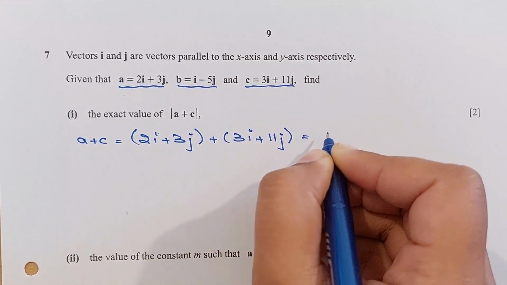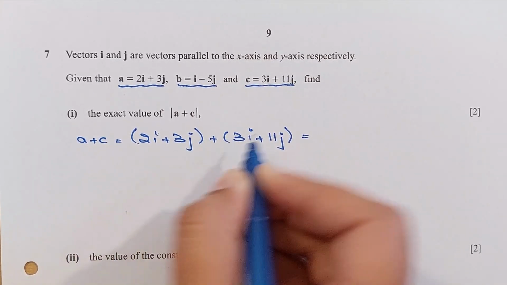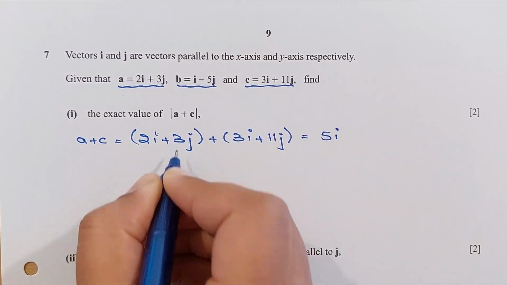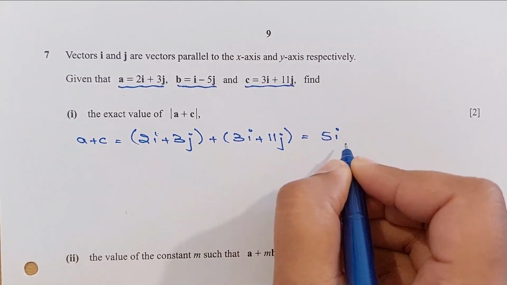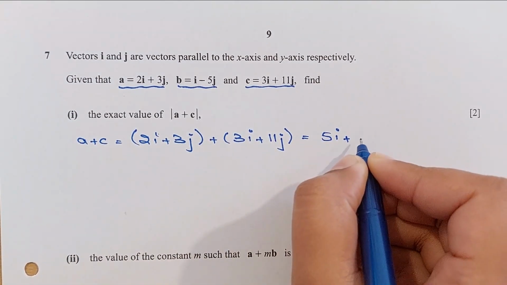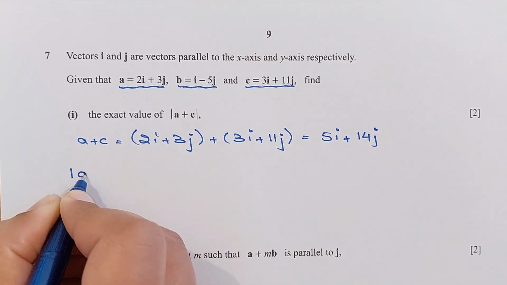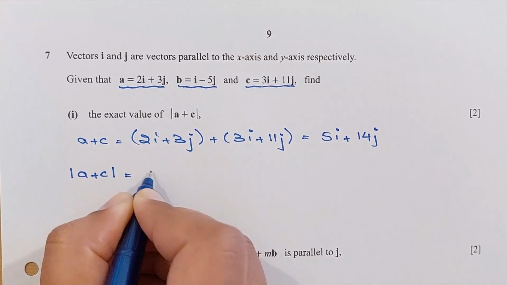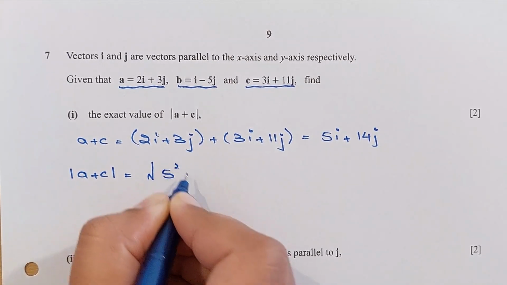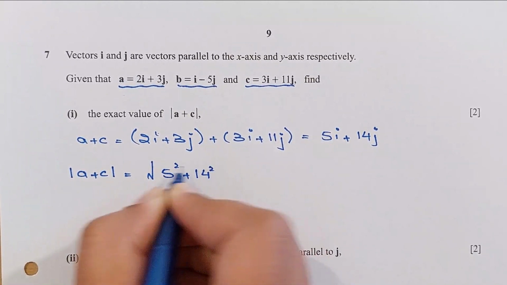In addition we add the i components: 2 plus 3 is 5i, and adding the j components: 3 plus 11 is 14j. Now we have to find the absolute value of a plus c, which is the magnitude. So we do the square root of 5 squared plus 14 squared.